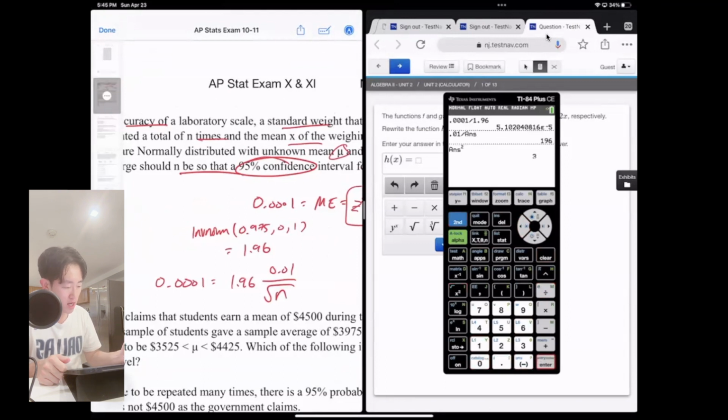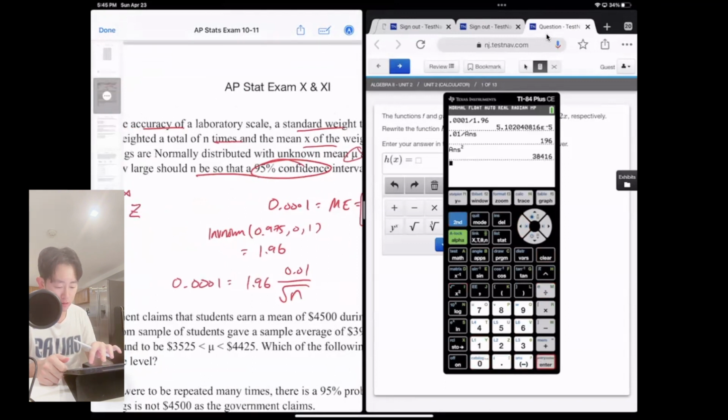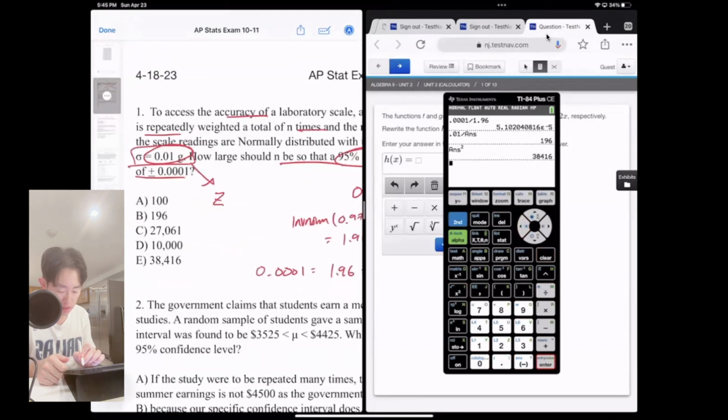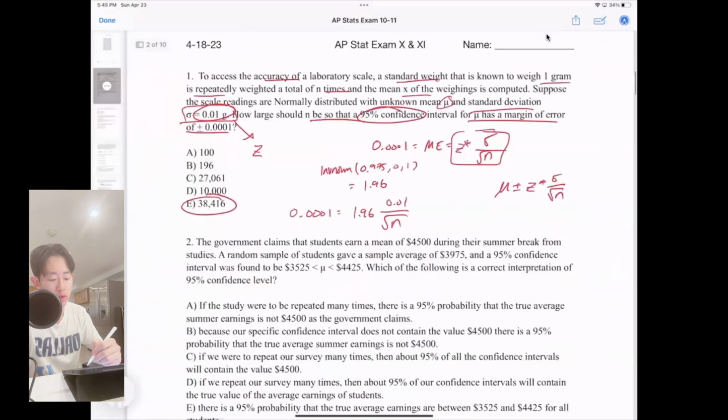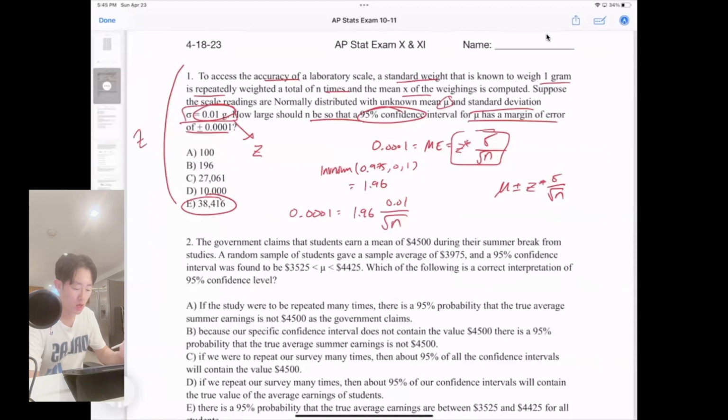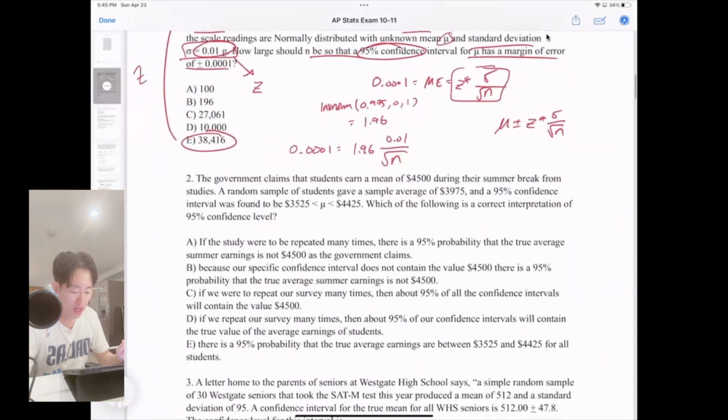And then when you square that, that should give you your n of at least 38,416. So that should be the answer for number one. I think the biggest takeaway here is that you're supposed to be using a z-score because the sigma is given to us.